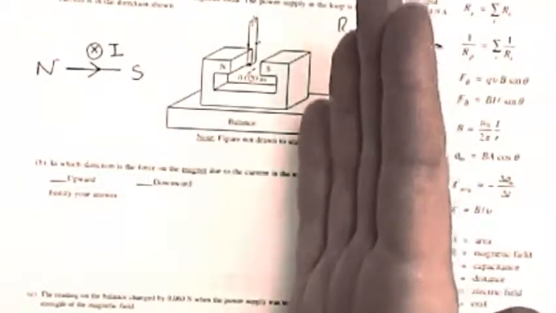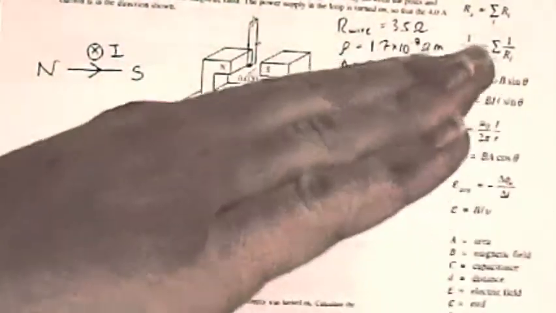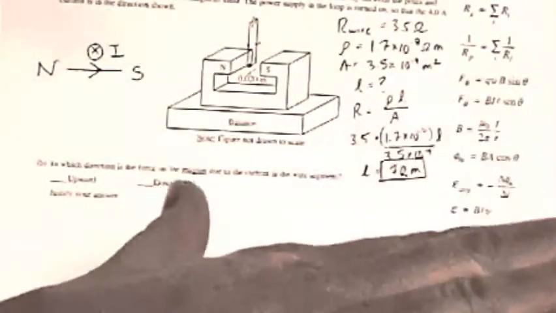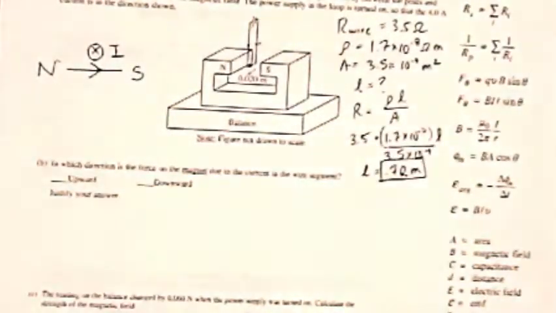What I'm going to do is take my right hand. I'm going to put my fingers in the direction of the magnetic field, and I'm going to put my thumb in the direction of the current carrying wire. And what I find is that the force given by my palm is down.